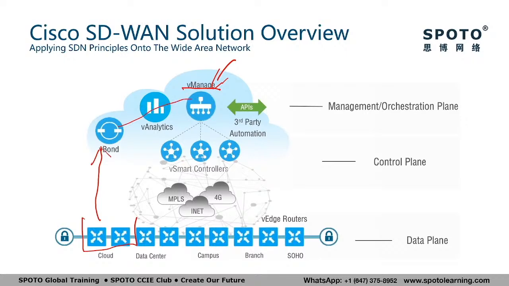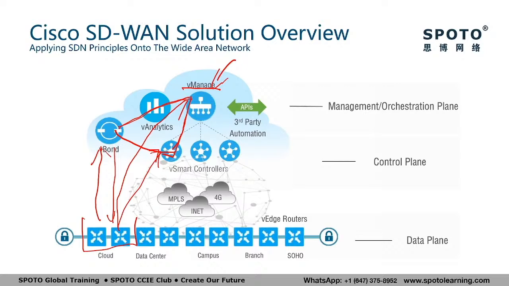Then the vBond, vManage, and vSmart, these three are like a triangle of controllers. vBond will tell the vEdge router who is the right vManage you should talk to and who is the right vSmart controller you need to talk to.